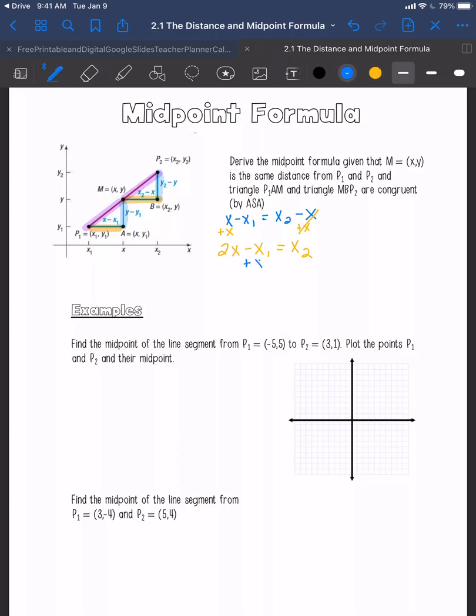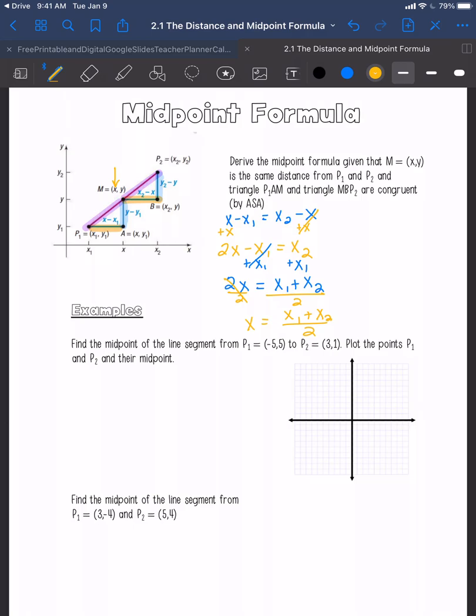If we add x sub 1 to both sides to solve for x, we have 2x equals x sub 1 plus x sub 2. To get x by itself, we divide everything by 2. So x equals x sub 1 plus x sub 2 divided by 2. That is this right here, the x-coordinate of the midpoint.